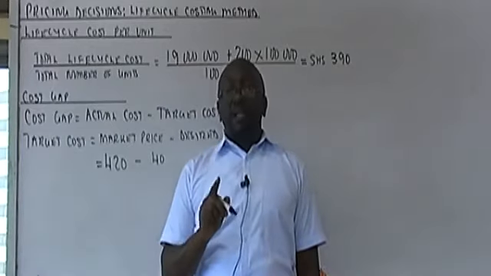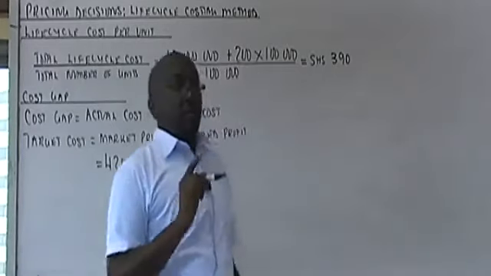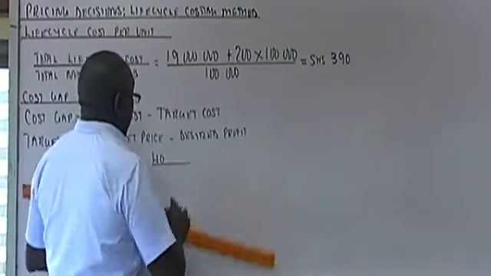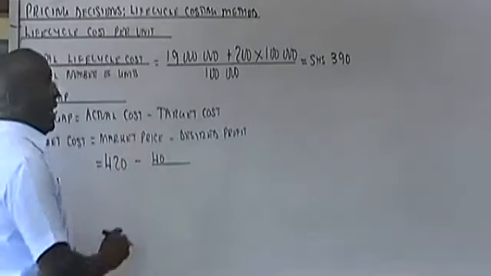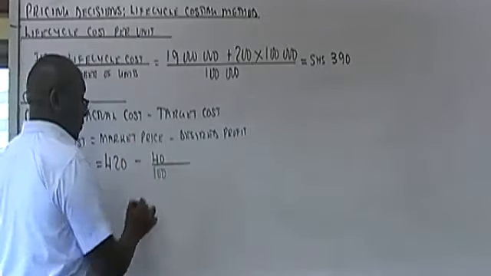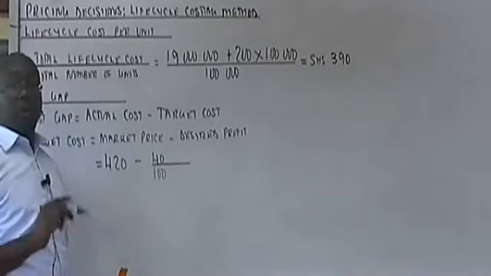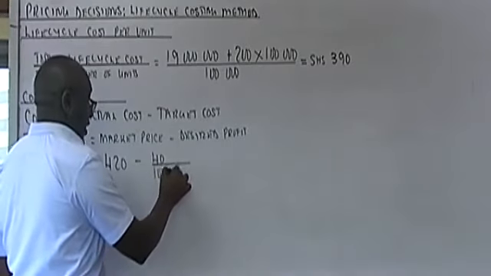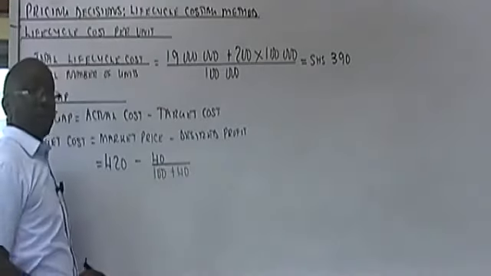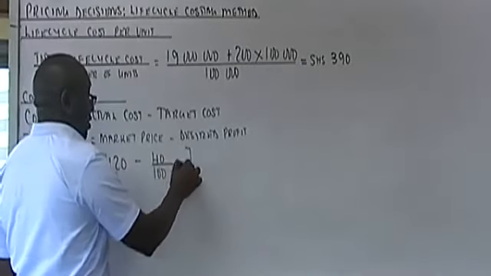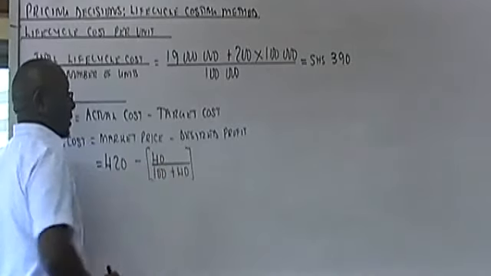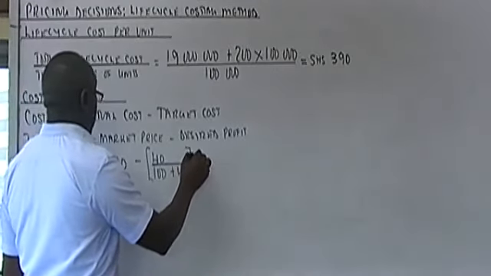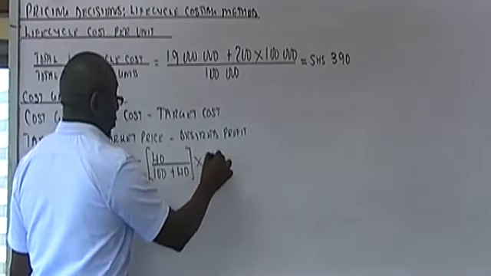So you must convert it to margin. The conversion goes like this: 40% is currently 40 out of 100. If you want to convert to the margin, you add the numerator to the denominator. That converts markup to margin. Then you multiply by the price of 420.